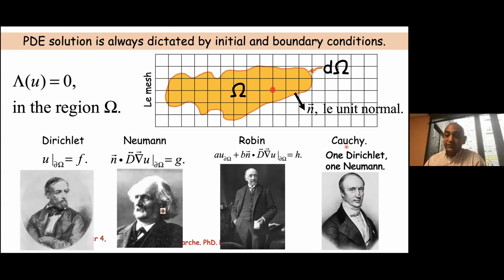Cauchy boundary conditions are basically take one boundary condition for your state variable and one boundary condition for your derivative, Neumann boundary condition, as separate equations, as separate conditions, and together they constitute Cauchy boundary conditions. So people, these are four types of boundary conditions that we may come across more often than not.